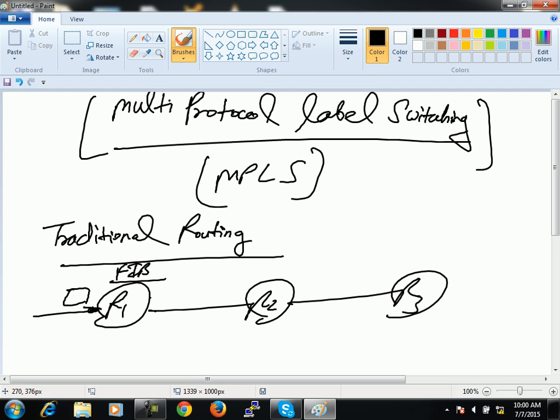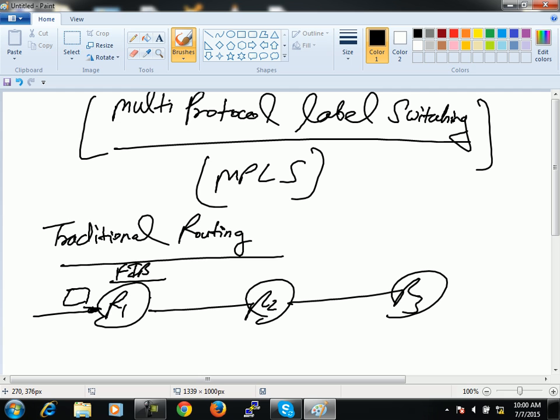So whenever a device receives a packet and the destination IP of that packet is not present in the FIB as well as the RIB of the router, what will happen then? It will simply drop that packet.